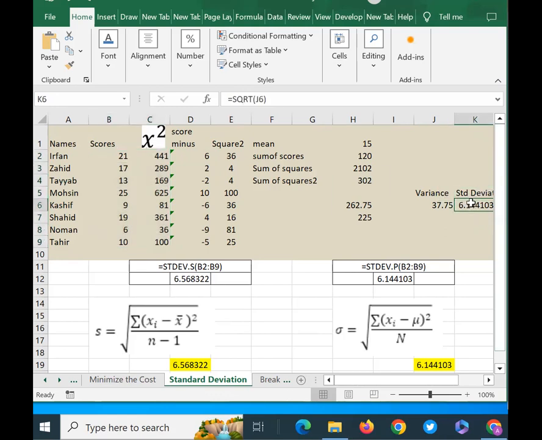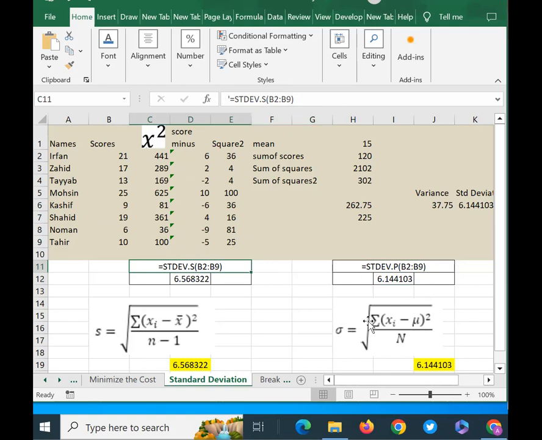Whereas, thanks to Excel, it provides you a simple function that brings you the same figure by means of STDEV. Dot P is for the population, the entire population, whereas dot S means a sample of it.